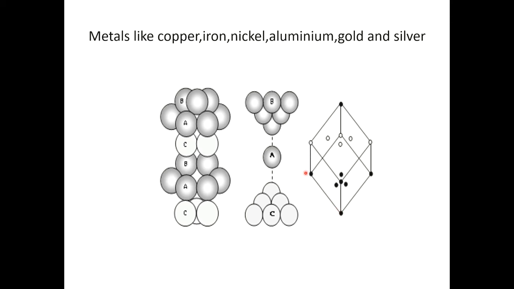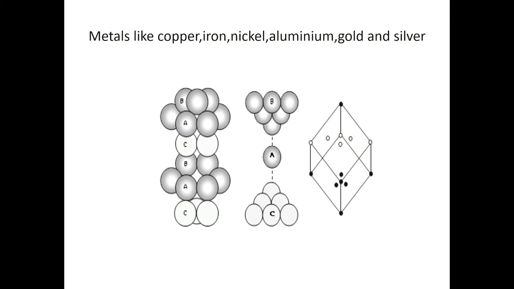This is A, this black is B, this white is C and this is also A. So A, B, C, A. This pattern is covering octahedral voids in the hexagonal close packed layer. So this is all about 3-dimensional close packing from a 2-dimensional hexagonal close packed layer.